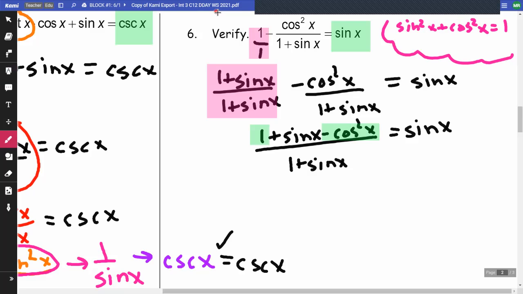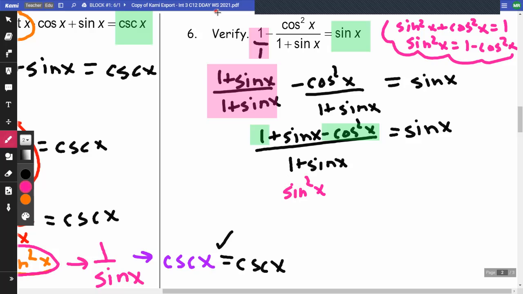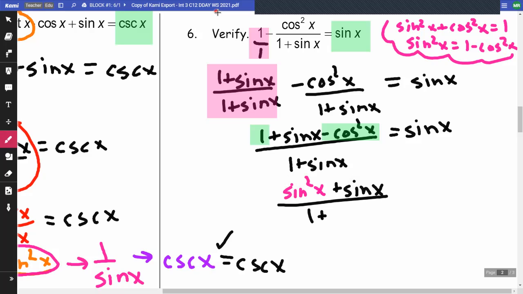So if I was to subtract cosine squared x from both sides, I would get sine squared x. So that I highlighted in green is just a sine squared x. Okay. Plus my sine x over 1 plus sine x.